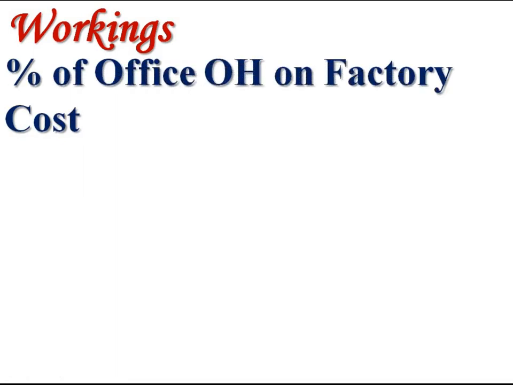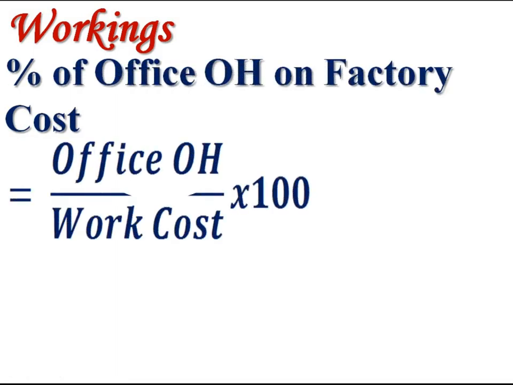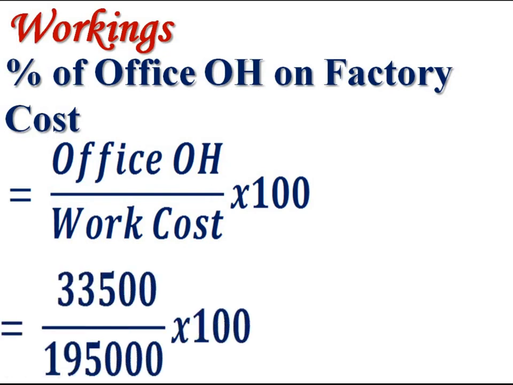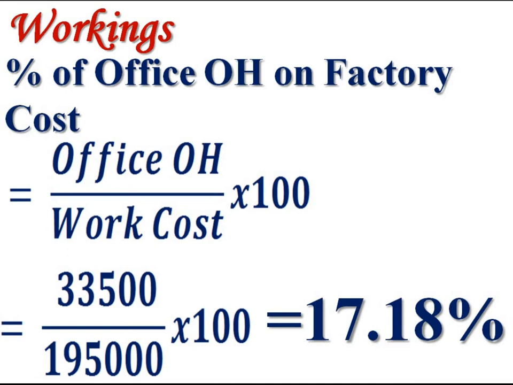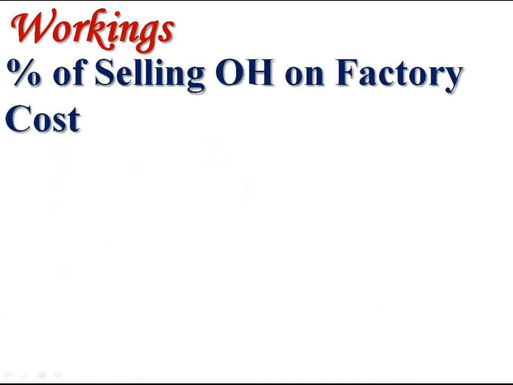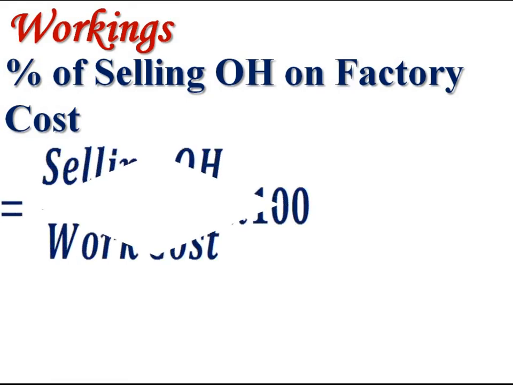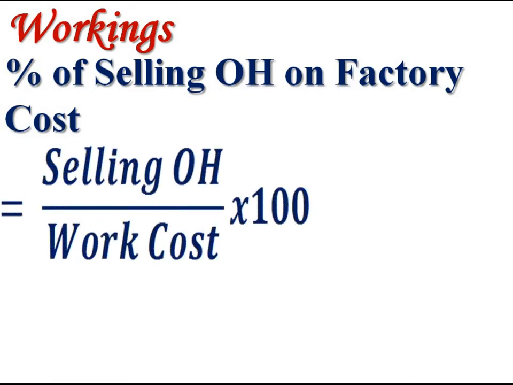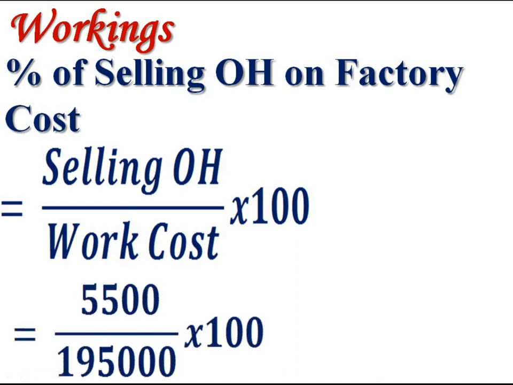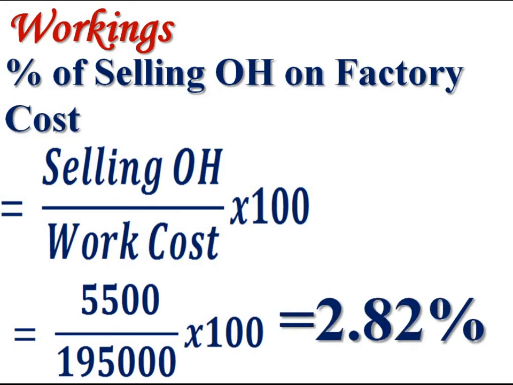Next, percentage of office overhead on work cost, factory cost. Office overhead divided by work cost into 100 is 33,500 divided by 1,95,000 into 100. We get 17.18%. Then percentage of selling overhead on factory cost. Selling overhead divided by factory cost into 100 is 5,500 divided by 1,95,000 into 100. We get 2.82%.